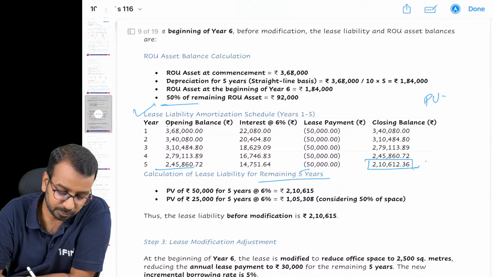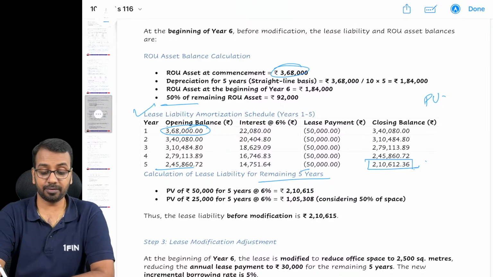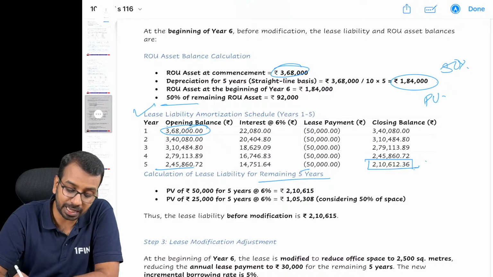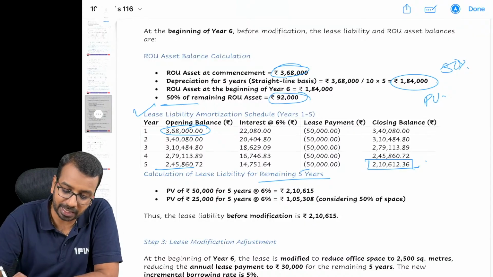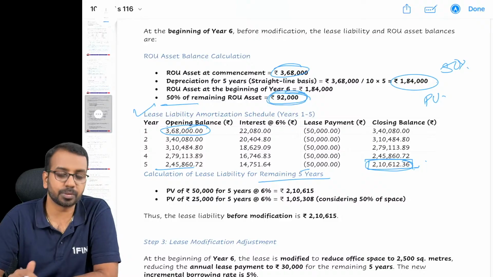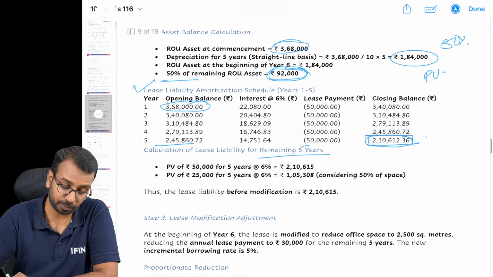Right of use asset at commencement was 3,68,000. We have depreciated it for 5 years, so 1,84,000. Of this 50% is gone. So we are left with how much? 92,000. We are left with a liability of 2,10,000 and a balance right of use asset of 92,000.